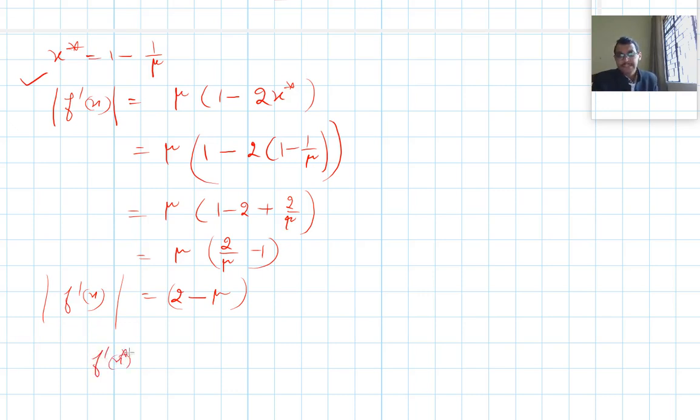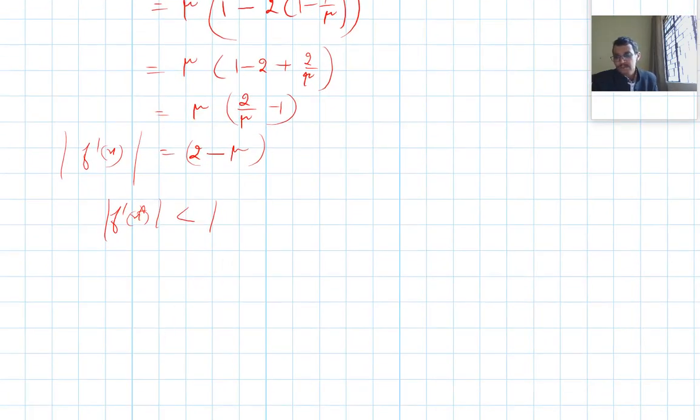So according to the stability criteria, the mod of f prime x star must be less than 1. So what does it mean? It means that f prime x star is either less than 1 or minus f prime x star must be less than 1.